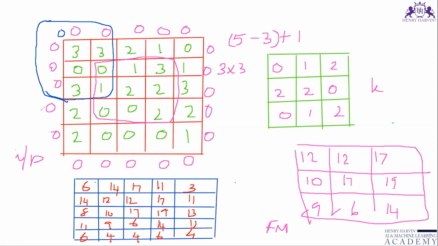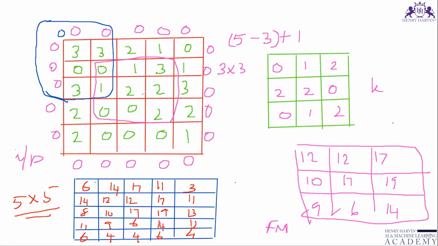See, look at the beauty of this. Previously it was 3 cross 3, but when you add zeros in all the places, we are getting output as 5 cross 5, which means we are not losing any information. That is what the aim of padding was. Hope it is clear to you. So what has happened over here?